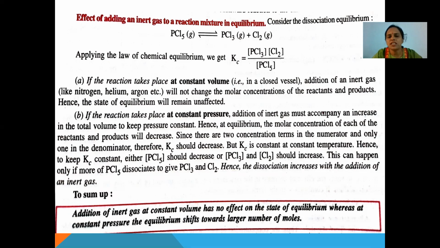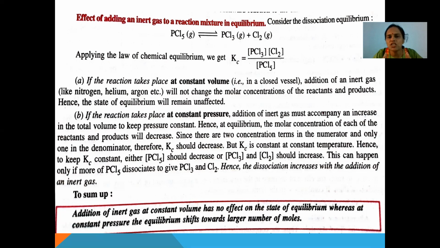If the reaction takes place at constant pressure, addition of inert gas must accompany an increase in the total volume to keep pressure constant. So at equilibrium, the molar concentration of each of the reactants and products will decrease, since there are two concentration terms in the numerator and only one in the denominator.